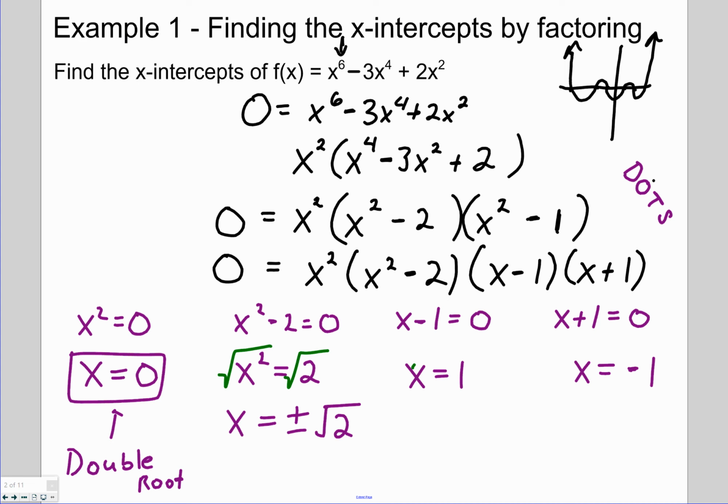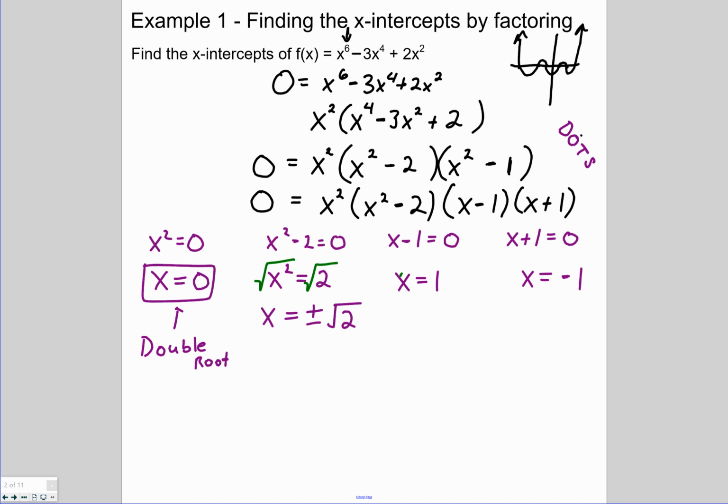Now, why did this not give us a double root? Right, because it's still x squared. That gave me how many roots? It gave me 2 roots. Positive square root of 2 and negative square root of 2. So that's 2 separate roots. All right, so don't think that's a double root. That's just 2 separate roots. They're different numbers. The answer is all of these, because what are the x-intercepts?